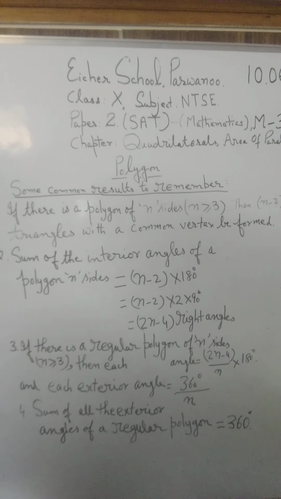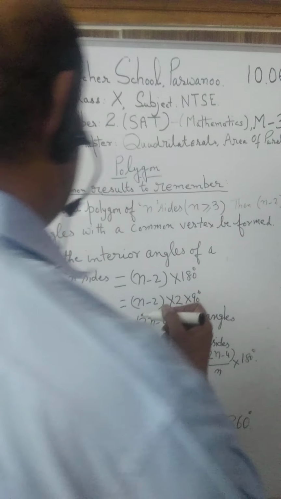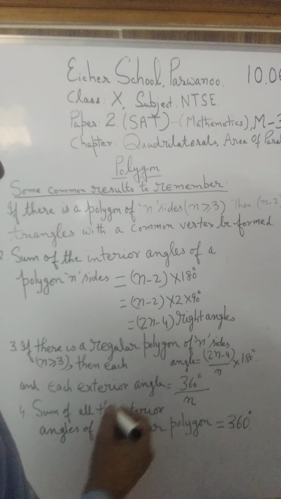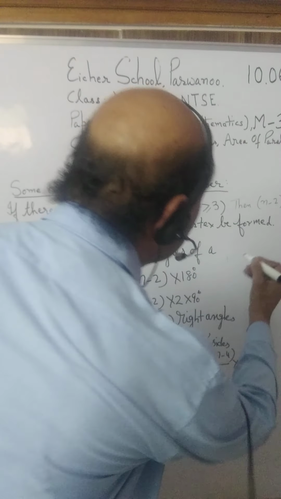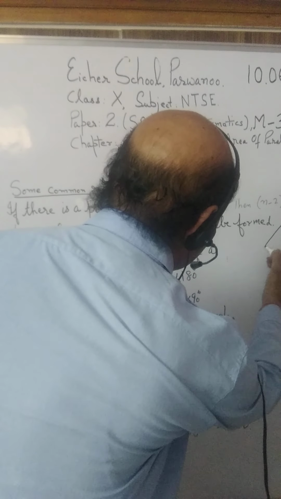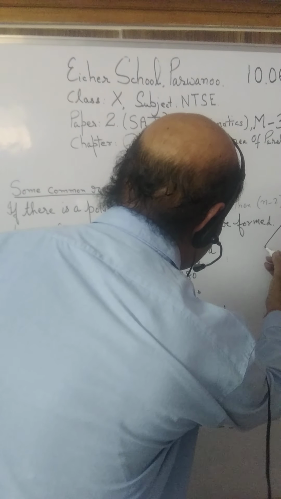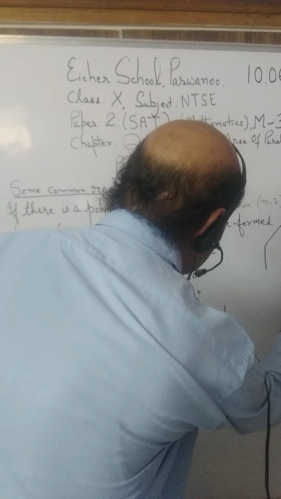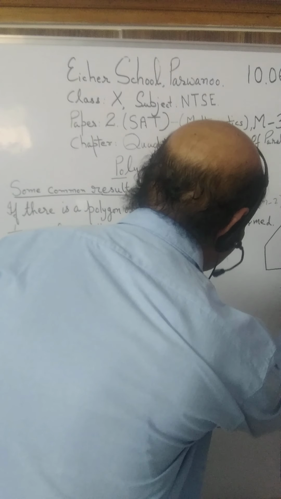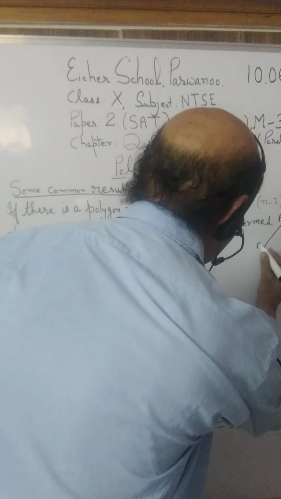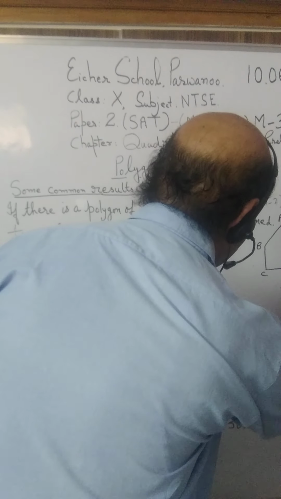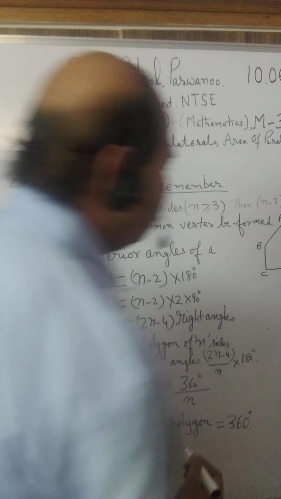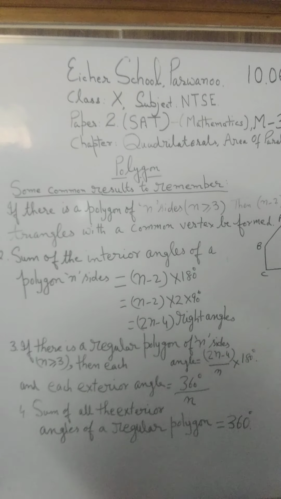Now, the first property is: if there is a polygon of n sides, n greater than or equal to 3, then n minus 2 triangles with a common vertex can be formed. For example, I am here drawing a polygon A, B, C, D, E, and this polygon has 5 sides.